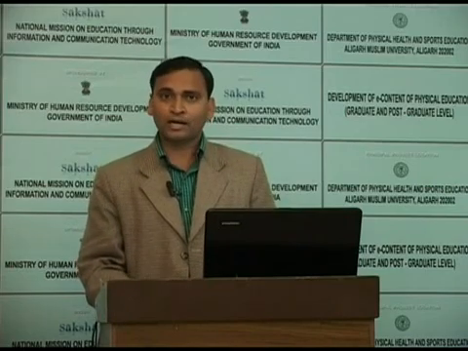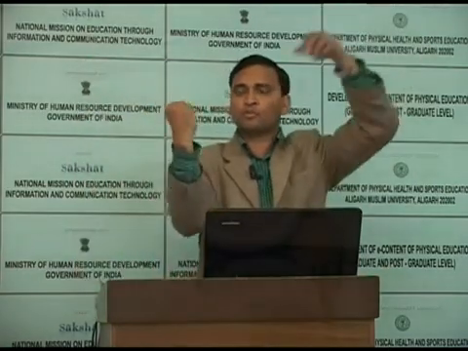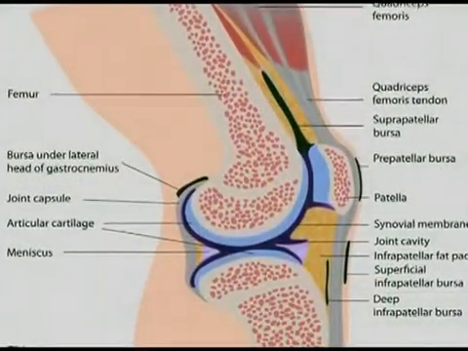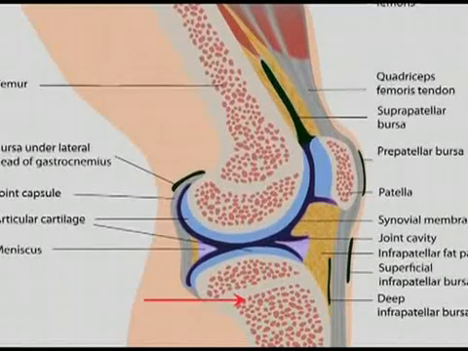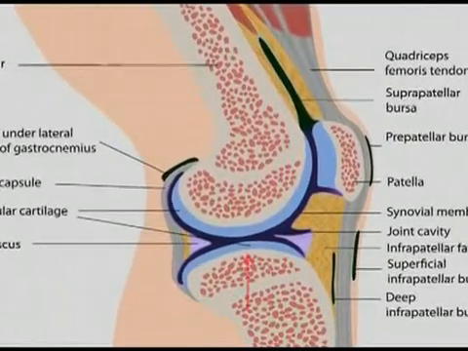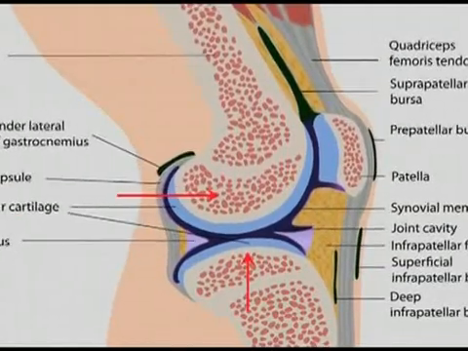If you take the example of the knee, as in the diagram, suppose the tibia is concave, having cartilage over the bony end, same as the femur.